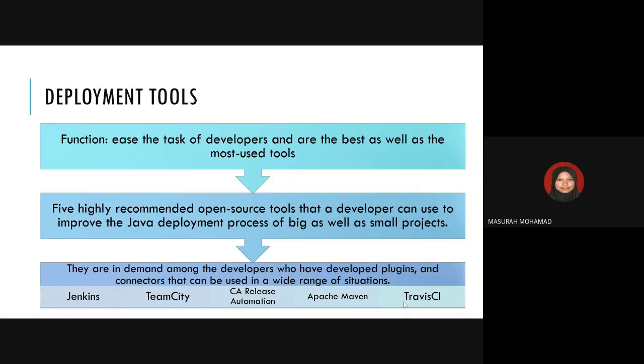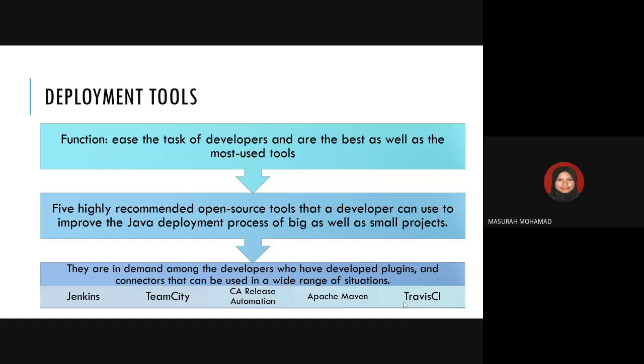Okay. So what is meant by deployment tools? The function of a deployment tool is to ease the task of developers. Basically developers will use deployment tools to deploy their application.